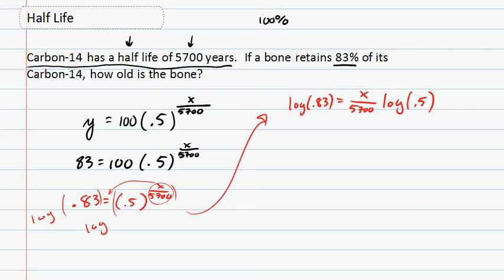Alright, I'm going to do two things now. I'm going to divide by log of 0.5. I'm going to times by 5,700. X is going to be that, and that's the point where we can plug everything in.